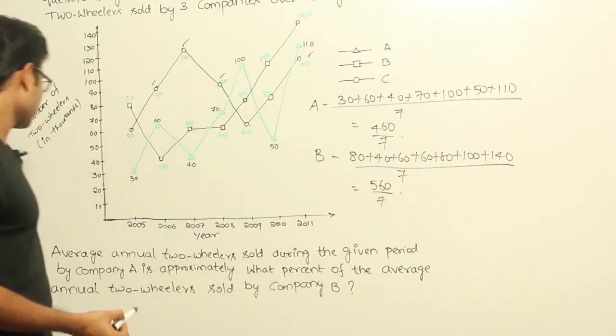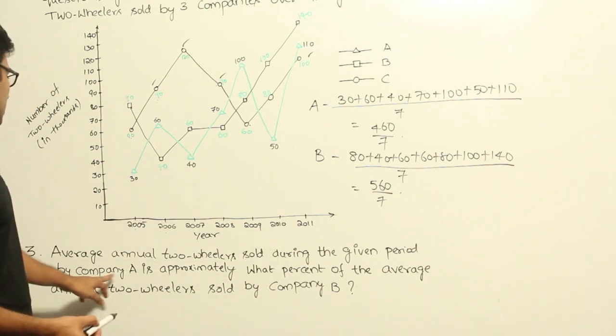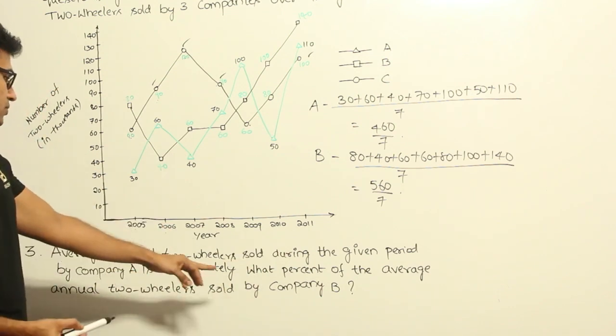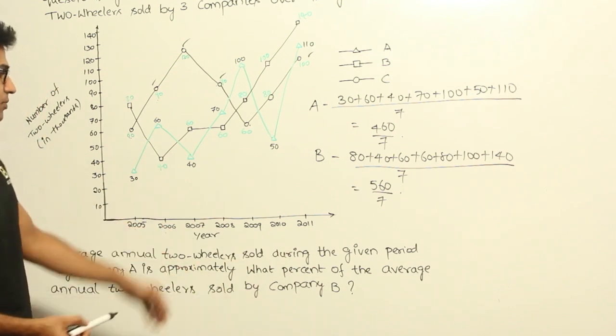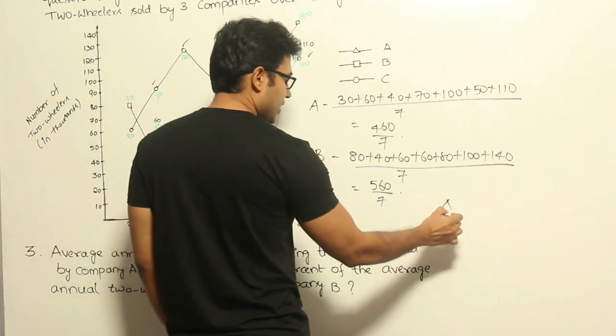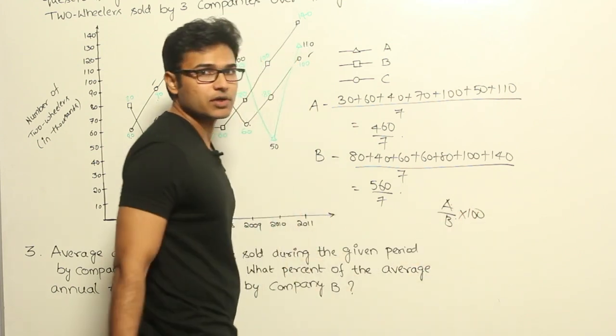Now they are asking, approximately what percent? So A is approximately what percent of the average annual sold by B. So A is what percent of B? That is what is asked. Therefore you are supposed to write A by B into 100, A's average by B's average into 100.